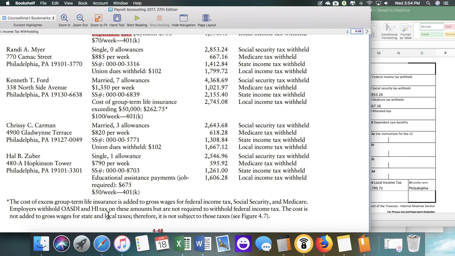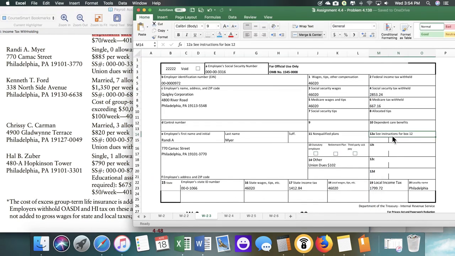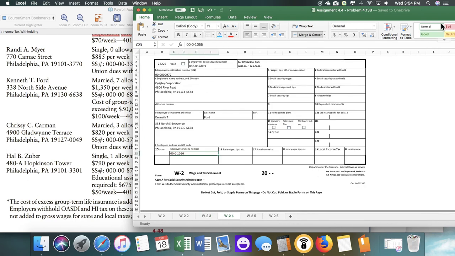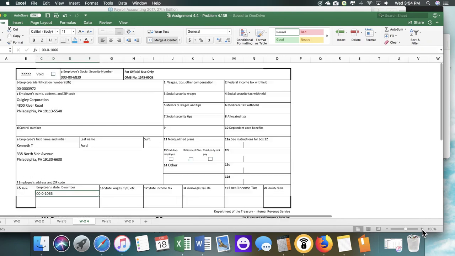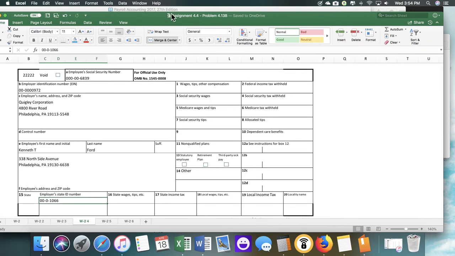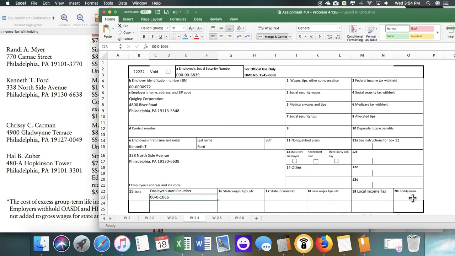There are going to be some excess information we have to enter for him. So again, let me zoom in. Some of this is standard. So this is going to be Philadelphia.